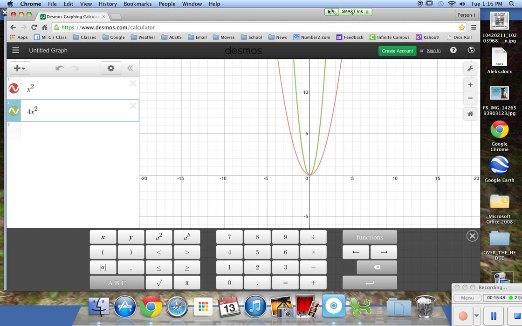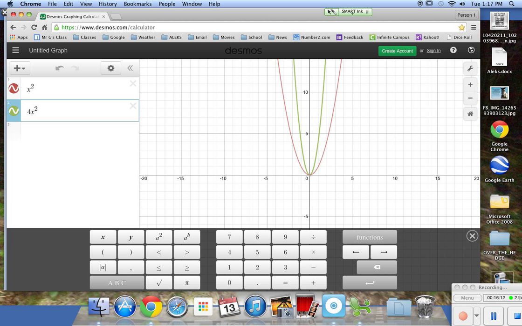It's actually keeping the vertex of that graph, where it changes directions, at the same point, but it's changing the nature of this graph. It's making it wider. It's making it skinnier. These are called dilations. Okay, dilations in graphs. Those are the 3 that you really need to look at.